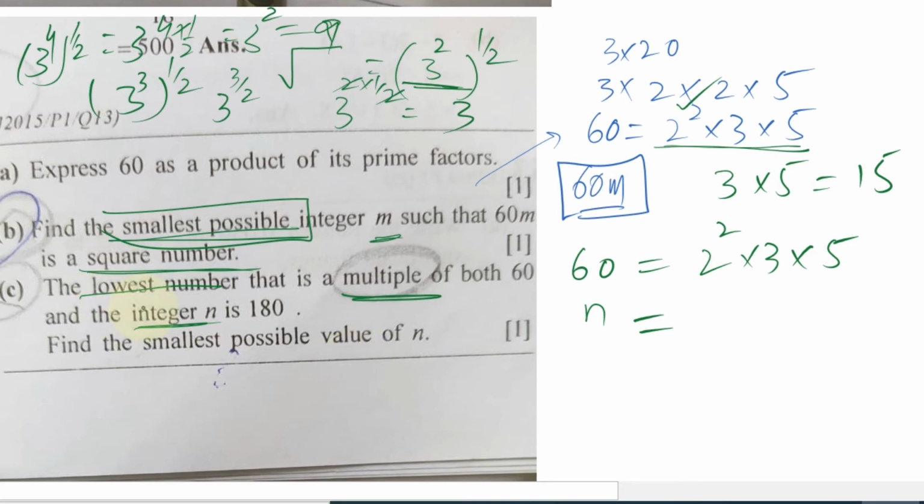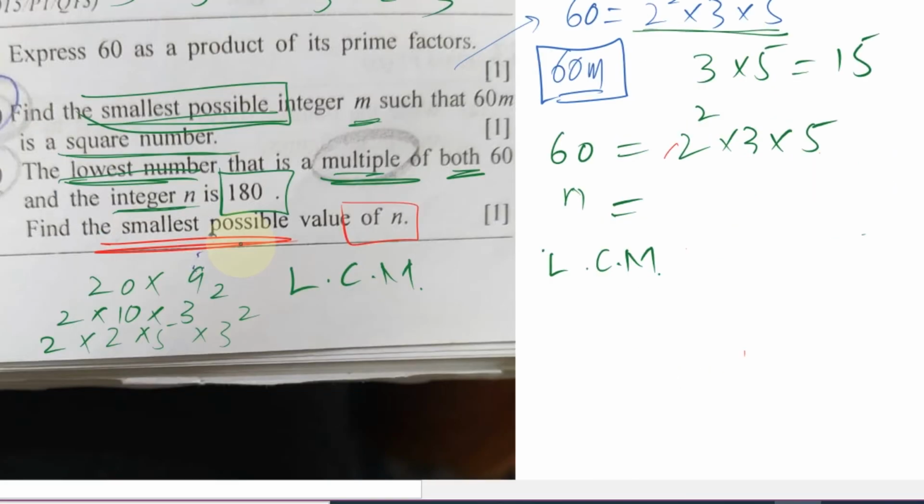This lowest number that is a multiple of both, lowest meaning least or smallest multiple, this is the LCM. LCM of 60 and n is 180.